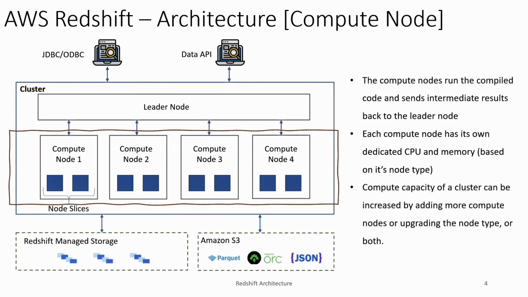These are the nodes we already saw. In a node we have node slices. This structure allows easy storage because we have separate cores in this Redshift architecture. Okay, this is the computing nodes.